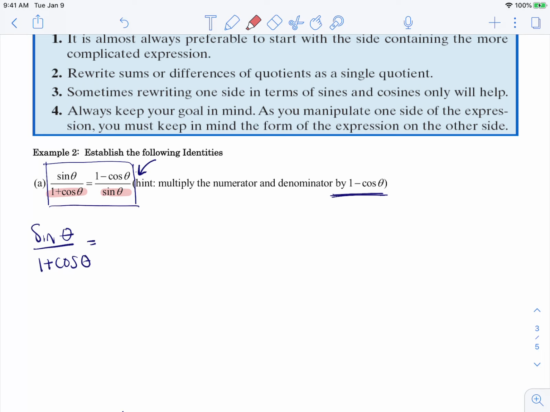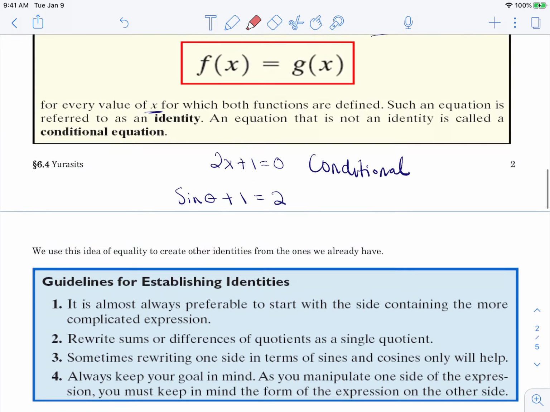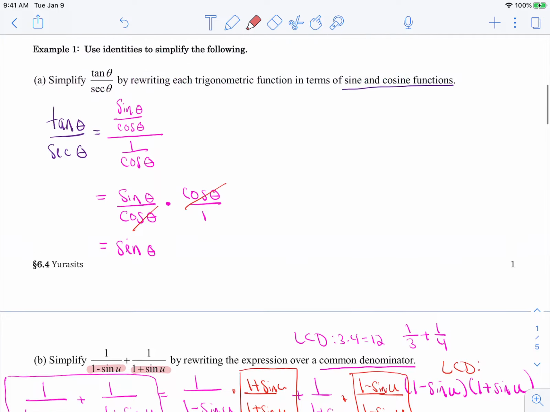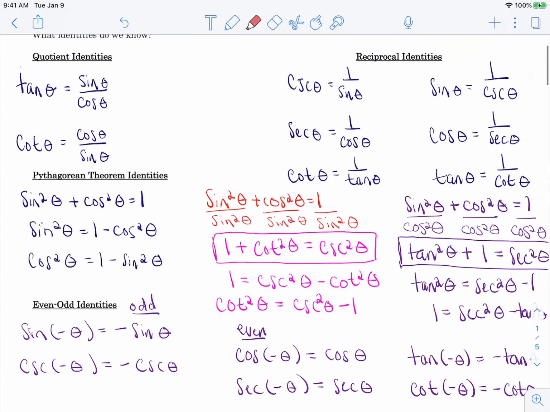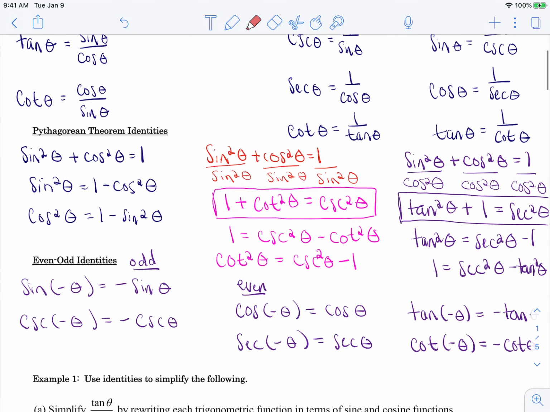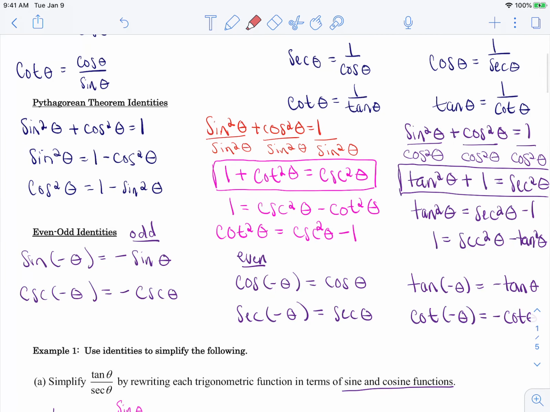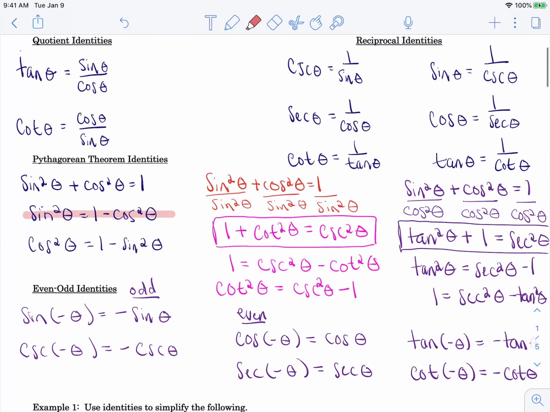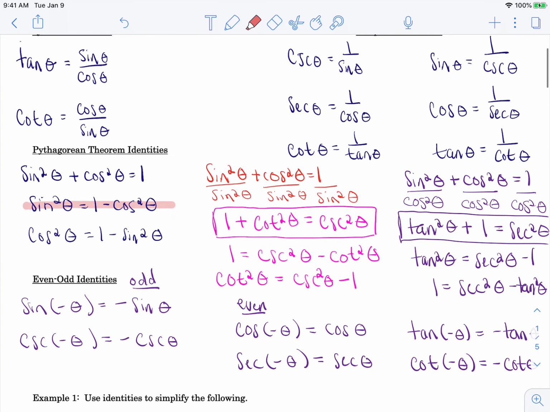And the only way I can get there is if I go back up to my cheat sheet. Again, you're going to have that right next to you while you're doing these notes and homework. Here is one way I can get out from cosine to sine. I don't see anything else on my cheat sheet that relates sine and cosine, if that makes sense, except for tangent, but there's no division happening in this problem.